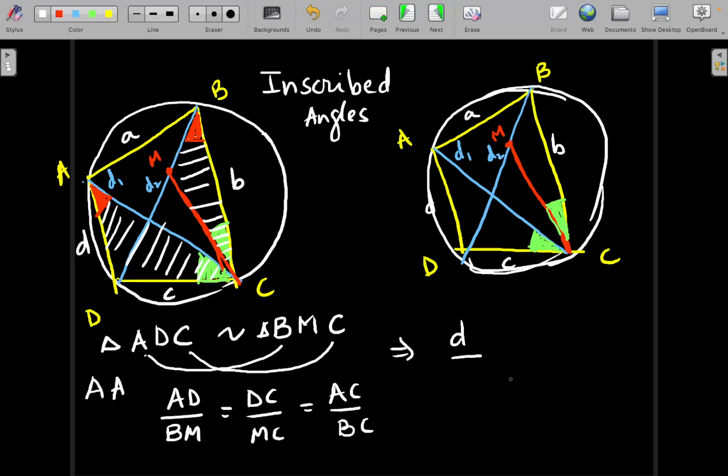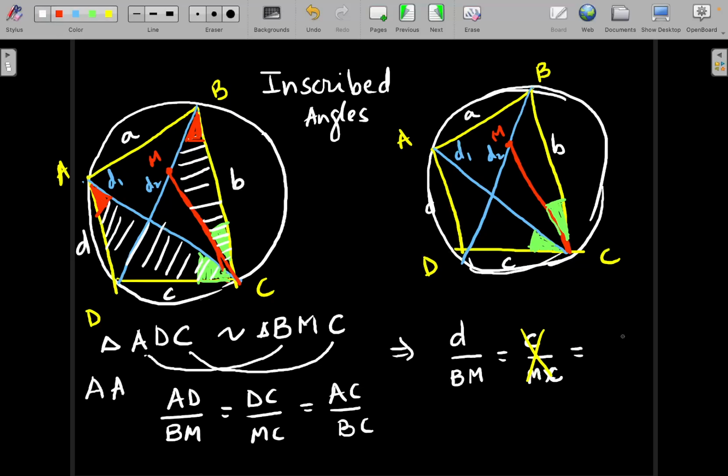AD over BM is equal to DC divided by MC, which actually I'm not interested in. I'm not interested in MC, so let me just tell you clearly that I'm not interested in this part, but I'm definitely interested in the last part, which is AC.